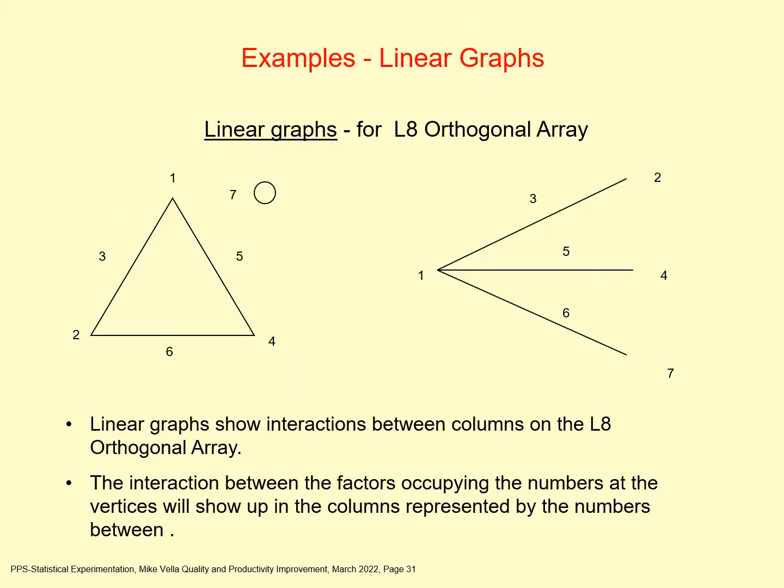So the L8 orthogonal array has two possible linear graph combinations. These linear graphs show interactions between columns on the L8 orthogonal array. The interactions between factors occupying the numbers at the vertices will show up in the columns represented by the numbers between. We'll show you that in a moment.